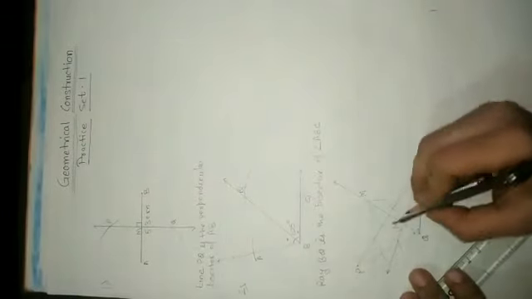Keep in your mind the construction should be neat and clean. Okay, and name it as MN and let's give it as O. Okay, and joining this O and P.